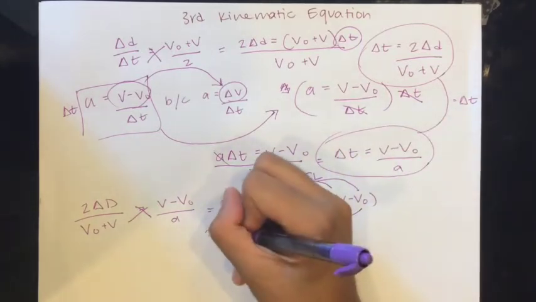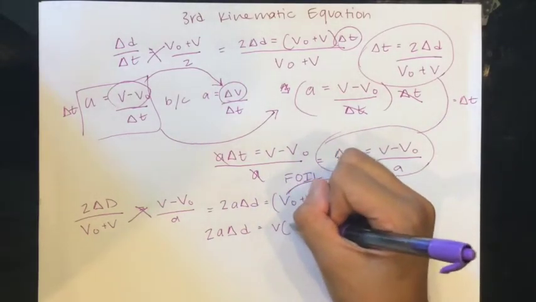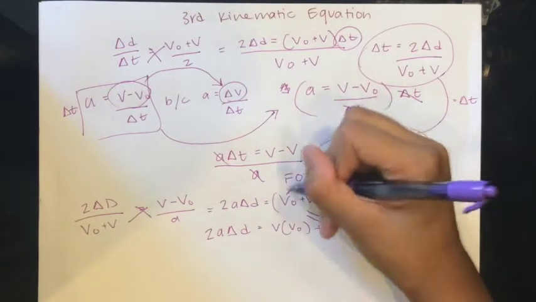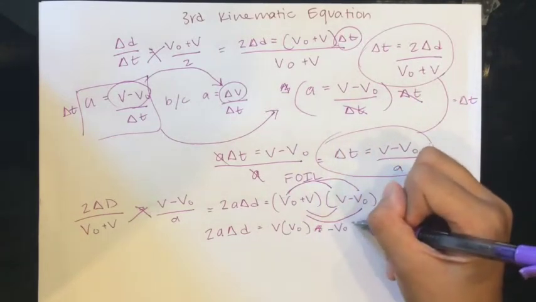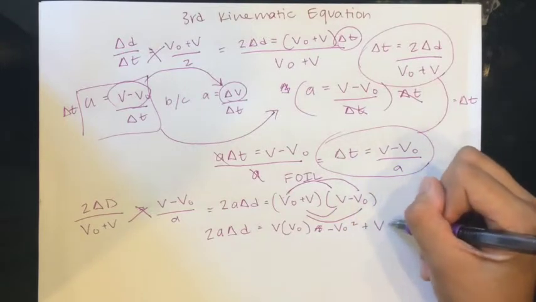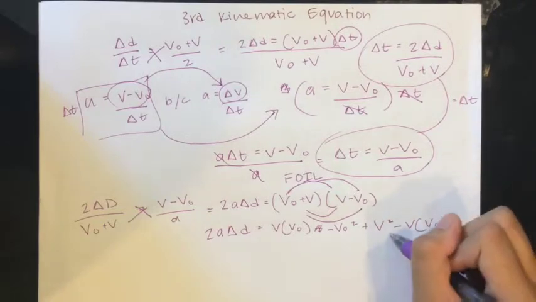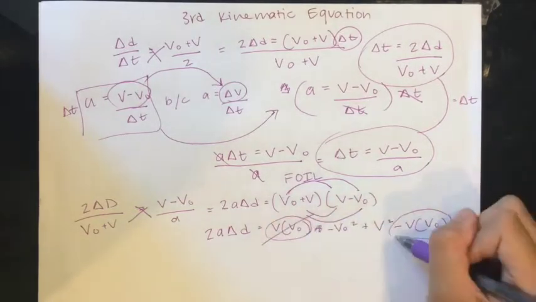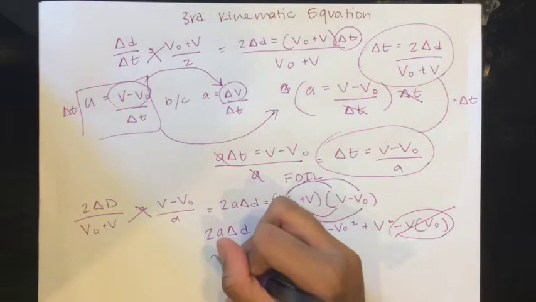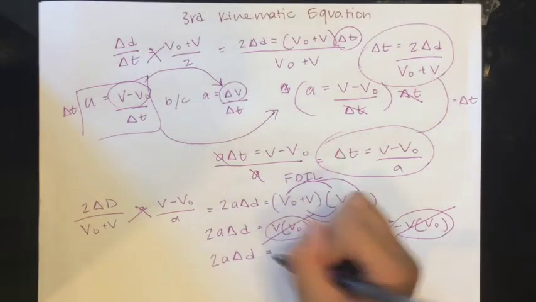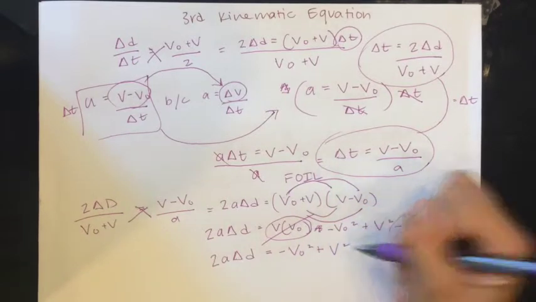And what you would get is 2a delta d equals v times v naught minus v naught squared plus v squared minus v times v naught. This right here and this right here can cancel out because you would be adding something to something negative. So you'd get 2a delta d equals negative v naught squared plus v squared.